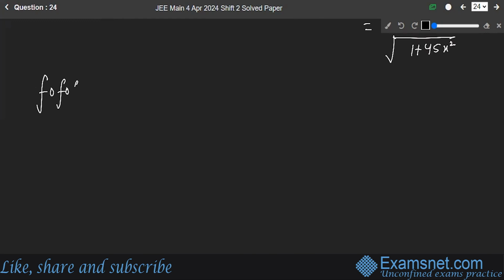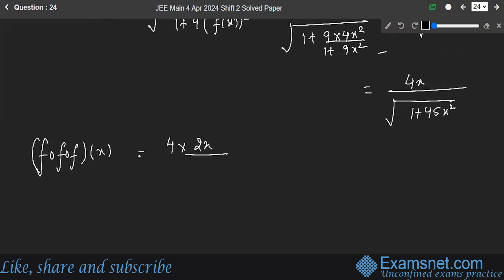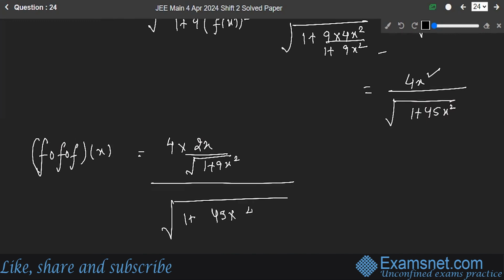What will be f of f of f of x? So 3 times the function. This will be equal to now 4 into 2x, because here the x will be replaced by f of f of x. So into 2x upon root of 1 plus 9x square, divided by root of 1 plus 45 into 4x square, wait, 45 into 4.